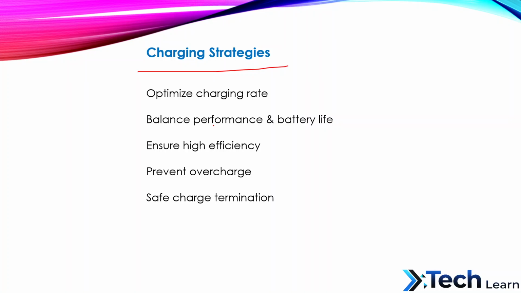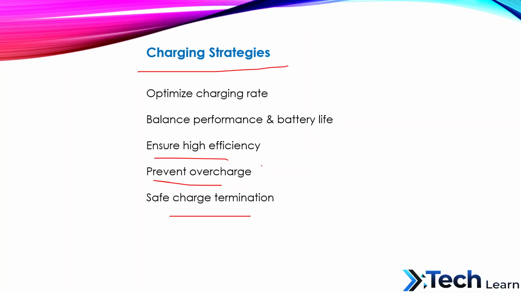Therefore, charging strategy is a balance between charging speed, battery life, energy efficiency, and safe charging termination. The most important requirement is preventing overcharge, as even mild repeated overcharge can create dangerous conditions in lithium-ion batteries.